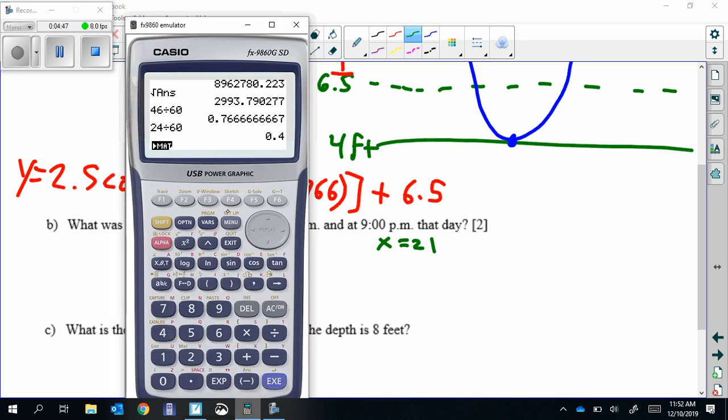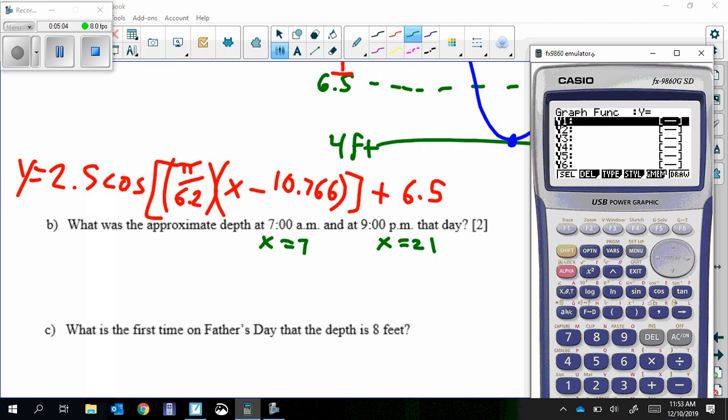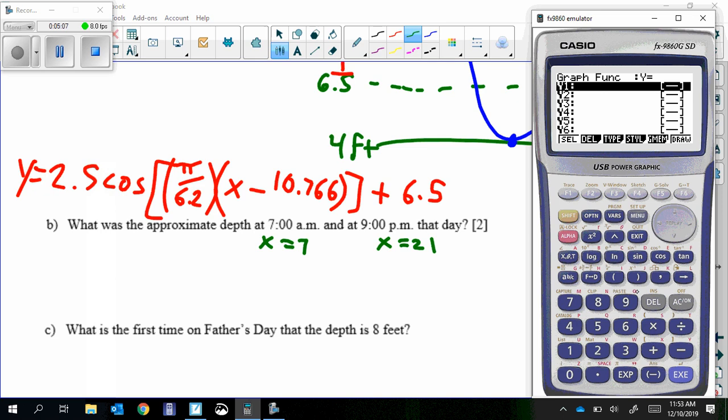So for this one, since we did pi over 6.2, our calculator needs to be in radians. Go to the graph, we'll type this in. 2.5 cosine. I'm going to type a whole lot of 6's since that's what they're supposed to be.